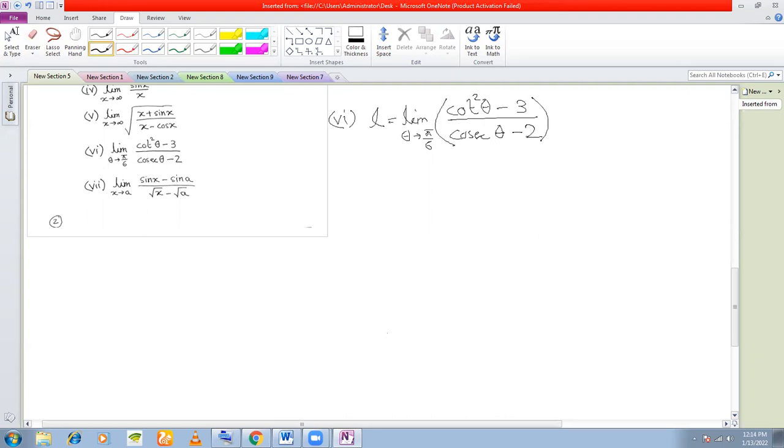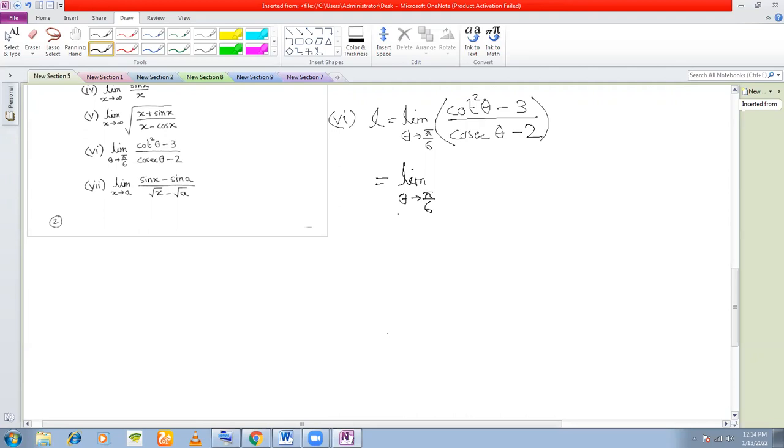Okay. Now you see that you have a cot and you have a cosec. If you write theta minus pi by 6 is equal to h, this is going to complicate matters a little. But because you are seeing that there is a direct relation between cosec and cot, what is the relation between cosec and cot? Cosec square theta is equal to 1 plus cot square theta, isn't it? So there's no need to change the variable of this limit, because if you change the variable, you can solve it definitely, but it's going to take a little bit of effort.